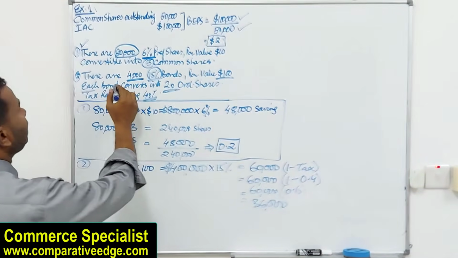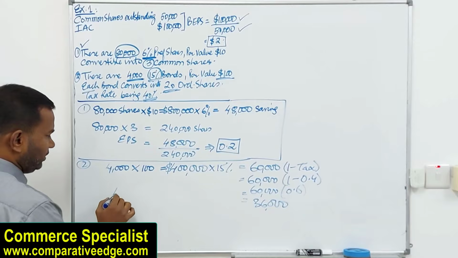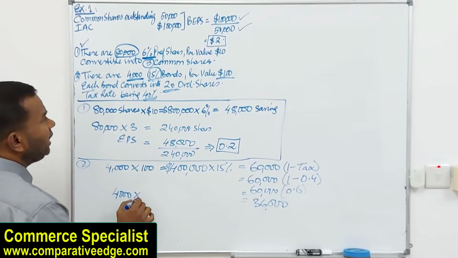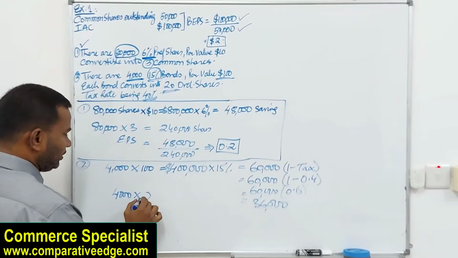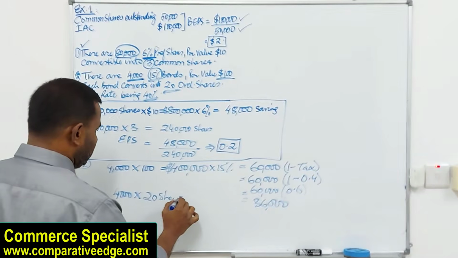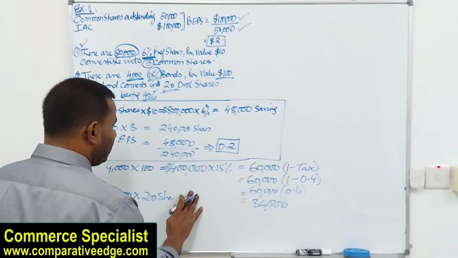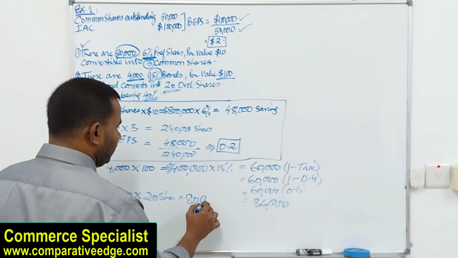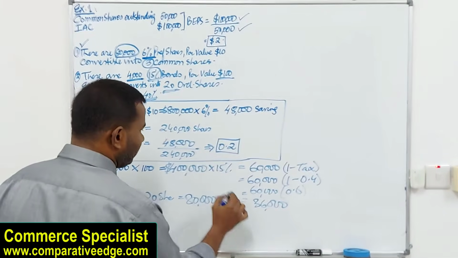Another thing we need to see is how many shares these bonds are converting to. There are 4,000 bonds in the question. Each bond will convert into 20 shares. So we will have 80,000 new shares if the bonds convert.